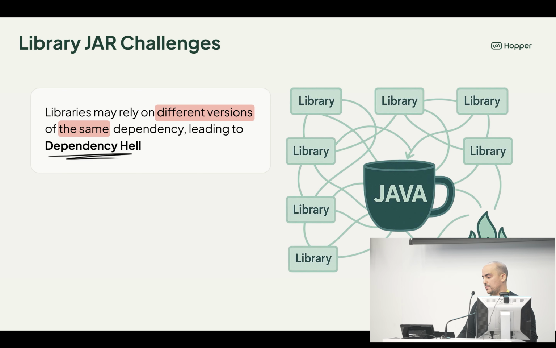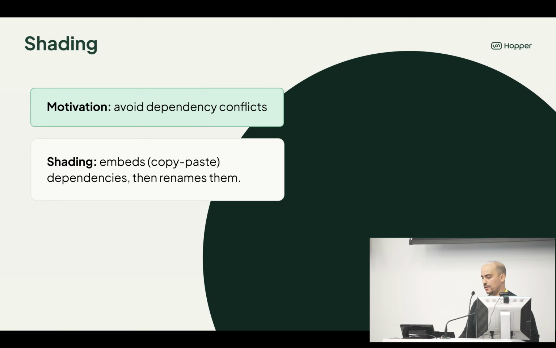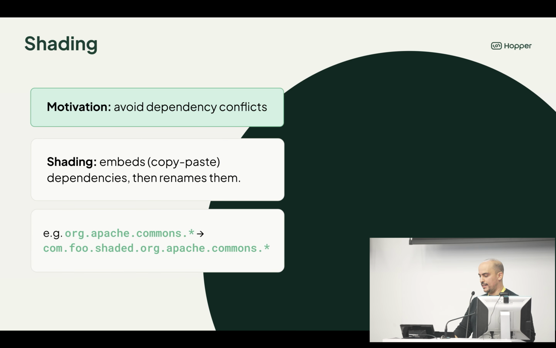So how do we practically solve this problem? We are doing something called shading. What is shading? It's basically embedding the dependencies inside the jar and renaming the classes inside. For example, if the classes start with org.apache.commons, I can now relocate them to shaded.org.apache.commons.